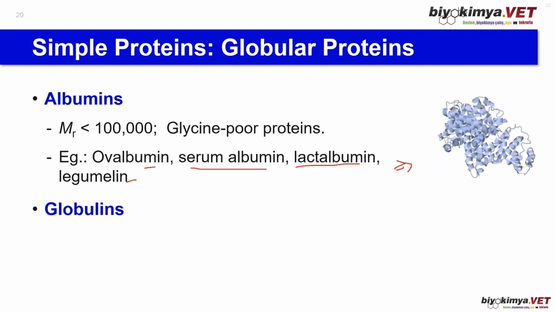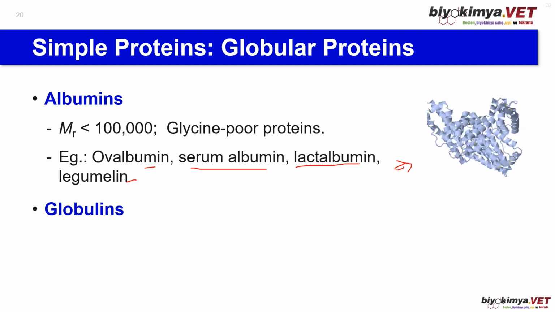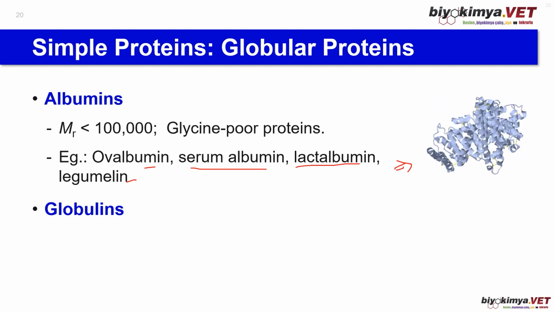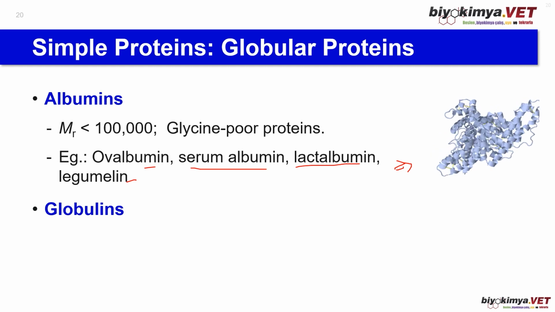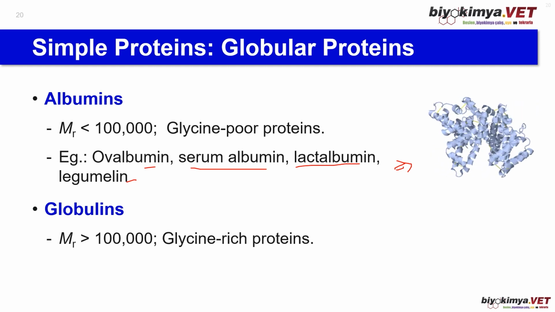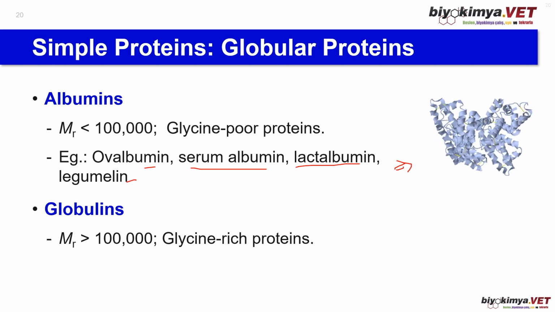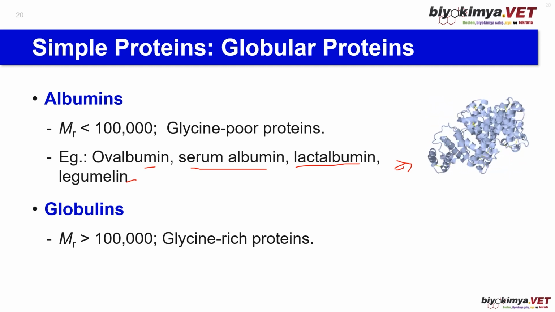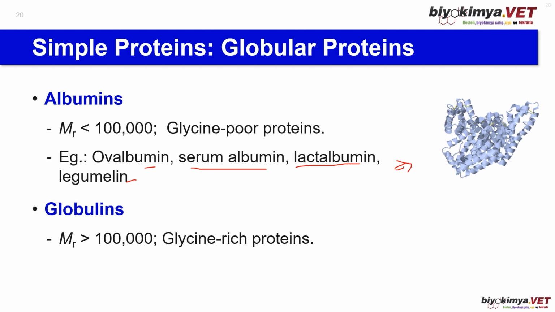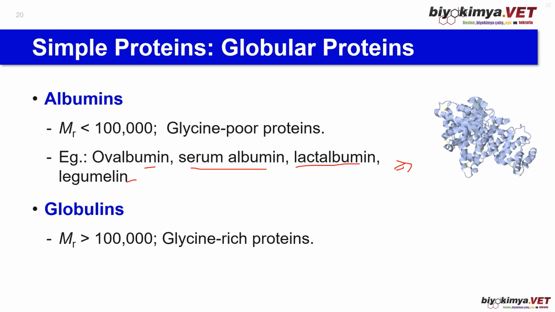Globulins are a family of globular proteins that have higher molecular weight than albumin. Here you see they have the higher molecular weight, higher than 100,000 Dalton, and they are lysine-rich proteins.